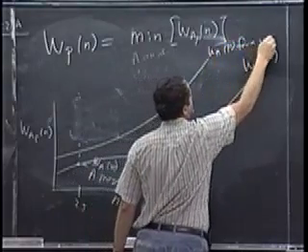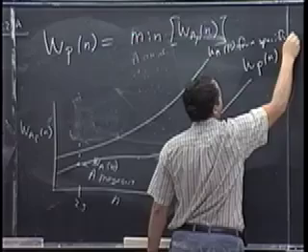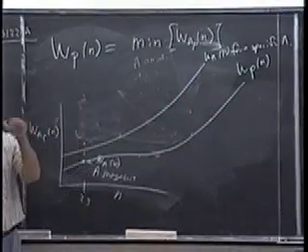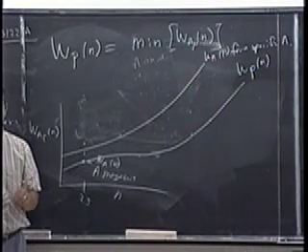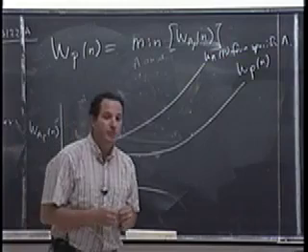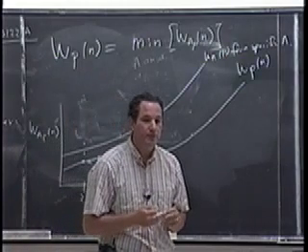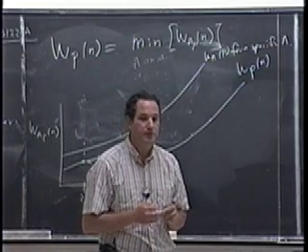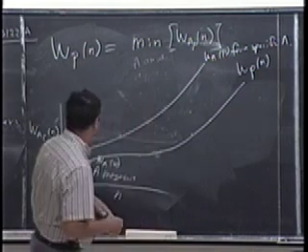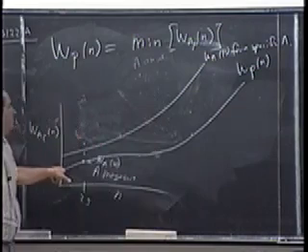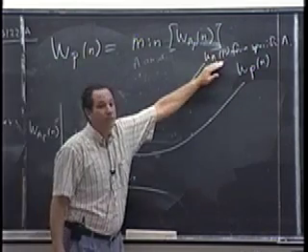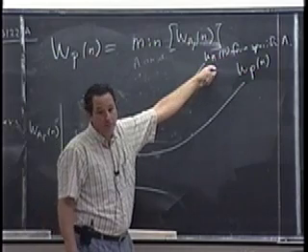Anybody? There was another hand up there. Yeah. The bottom curve is saying that problem P can be solved no faster than this. Yeah. This is saying that this function is a lower bound on W_A for any A.